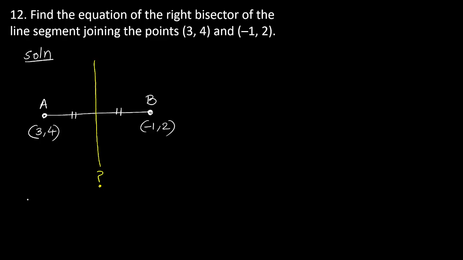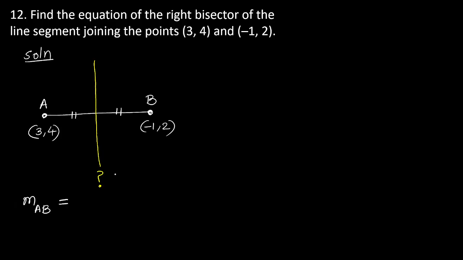So, let me find the slope of AB. Because if we know the slope of AB, I can easily find the slope of the perpendicular line. We have a formula. If I get the slope, then it is very easy to find the equation. That is why let me focus on slope.